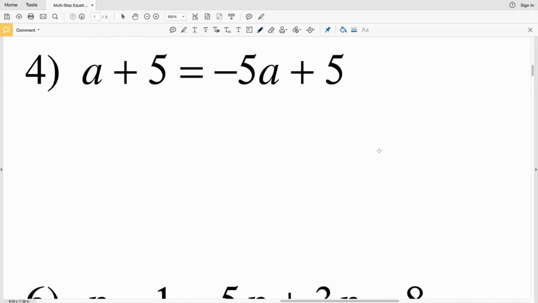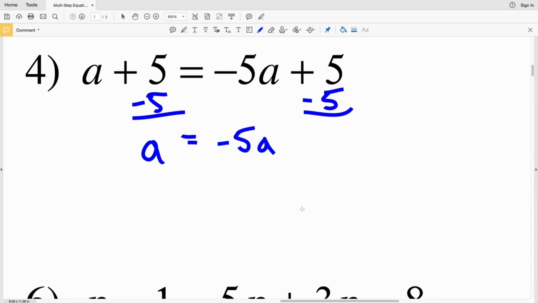Number 4, we have 8 plus 5 is equal to negative 5a plus 5. I'm going to start by subtracting 5 from both sides. That leaves an a on the left-hand side equal to negative 5a on the right-hand side.